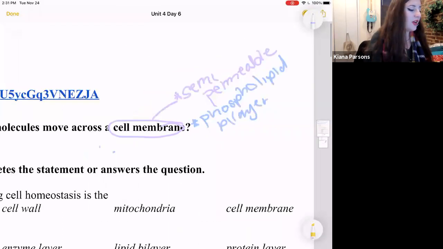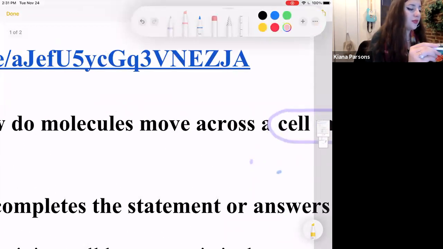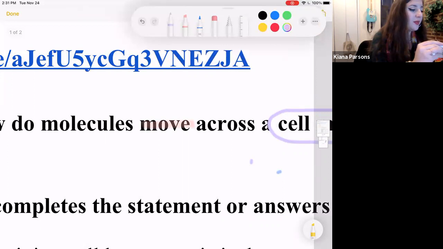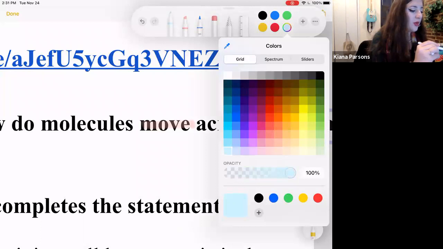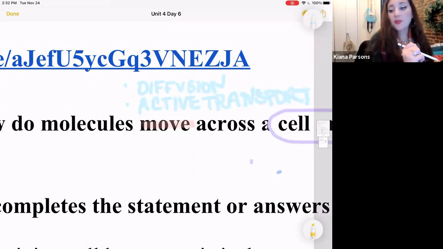And as far as how molecules move, we're talking about transport, which is usually diffusion, or as we talked about yesterday, active transport.